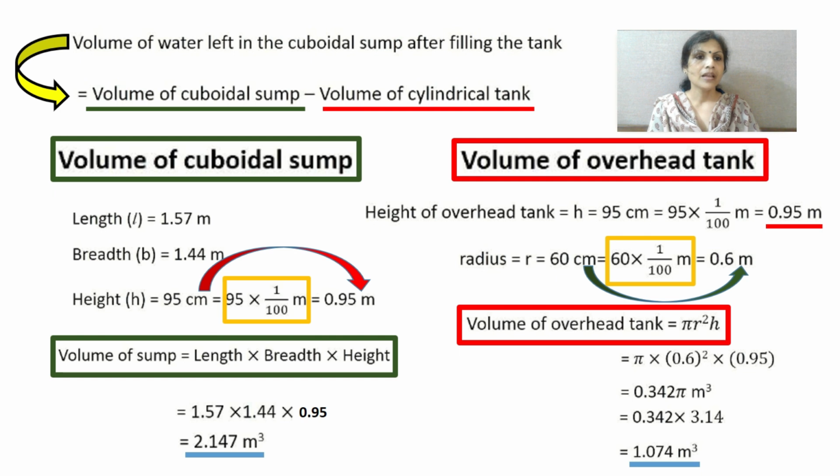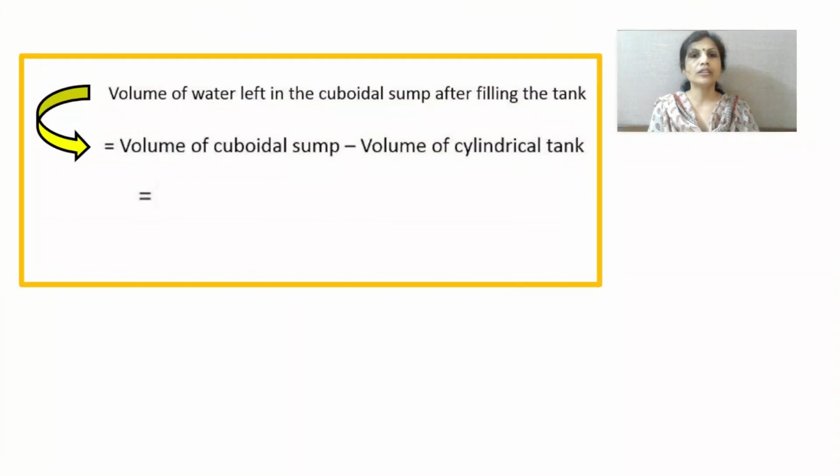Alright. Now our formula which we made, the volume of water left in the cuboidal sump after filling the tank, is the volume of the cuboidal sump minus the volume of the cylindrical tank. If we substitute the values, we get 2.147 minus 1.073.